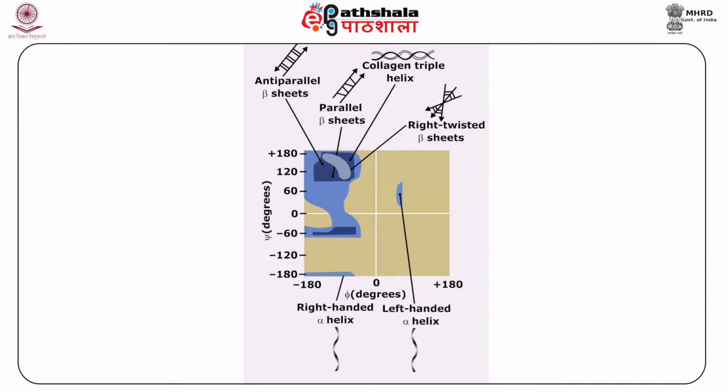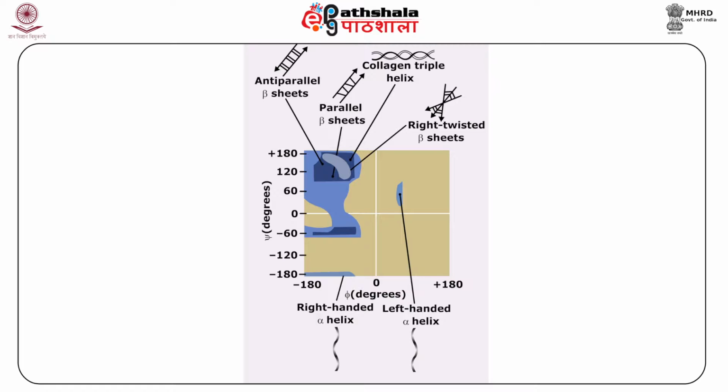The permitted rotations around the N-C alpha bond, the phi angle, or the C alpha-C bond, the psi angle, were plotted graphically by Dr. G.N. Ramachandran. We can see the plot gives us the permitted rotations we can have for left-handed alpha helix, right-handed alpha helix, the parallel beta sheets or the anti-parallel beta sheets.